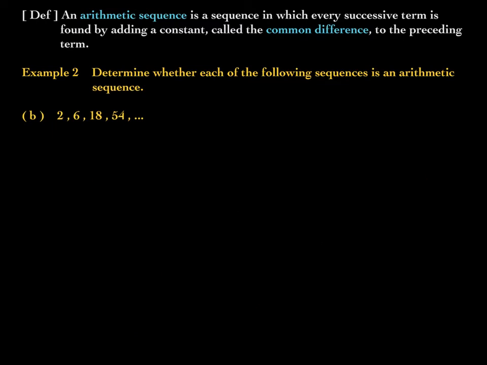All right, 2, 6, 18, 54, etc. Is this arithmetic? In order for this to be arithmetic, the difference must be the same. There must be a common difference. Let's check. a sub 2 minus a sub 1. That is the difference between the second and first term. 6 minus 2.